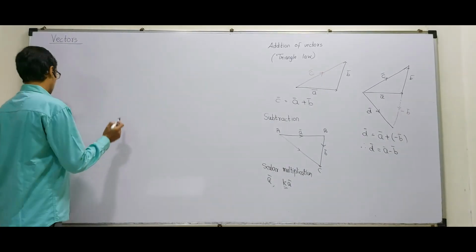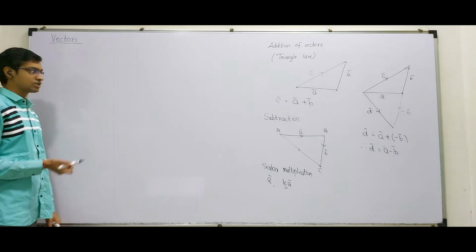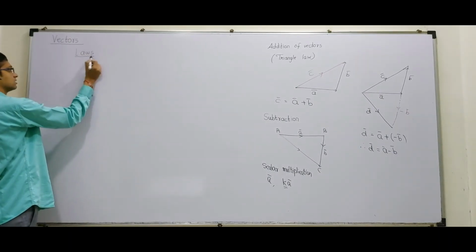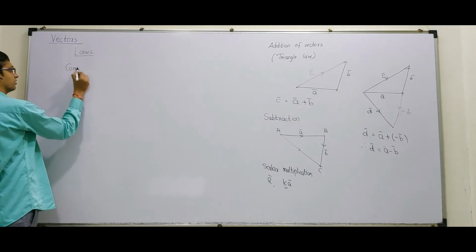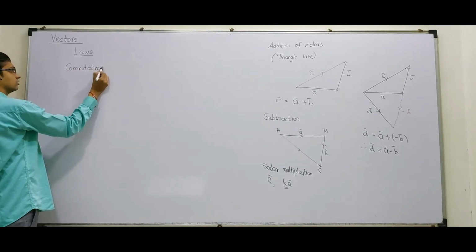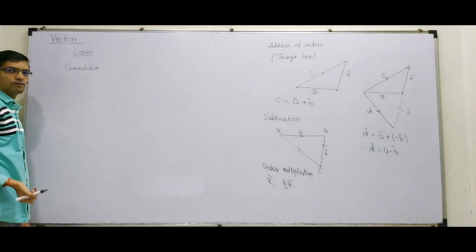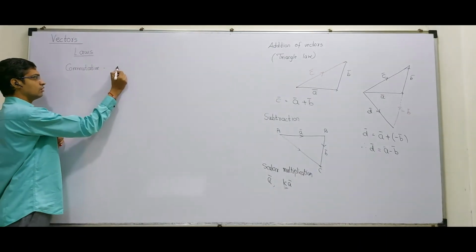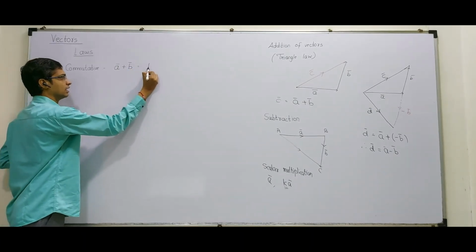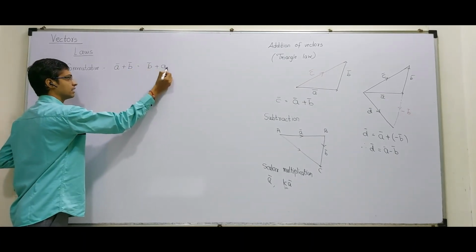Okay? Now, depending on addition and subtraction, there are certain laws. You are already well known with this. First one is commutative. Again, vectors is a new branch, so we need to learn the laws once again. For commutative, I can say that A bar plus B bar is nothing but B bar plus A bar.